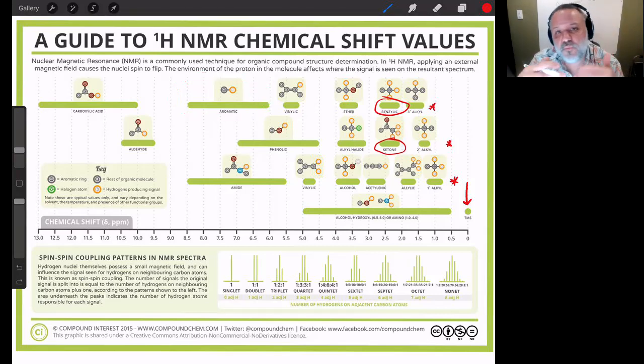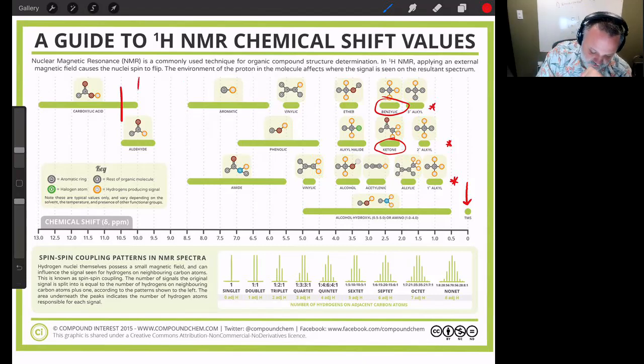Now, let's look a little further. Wow, there's nothing going on down here except for aldehydes and carboxylic acids. There's a little bit of overlap between aldehydes and carboxylic acids, but essentially after 10.5 parts per million, the only thing that can appear down here from 10.5 to 13 parts per million is a hydrogen associated with a carboxylic acid.